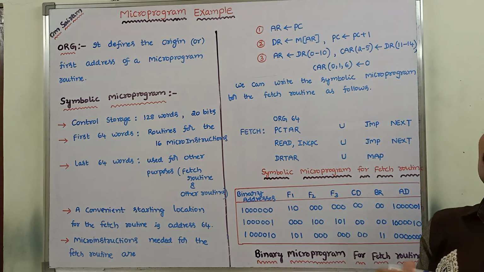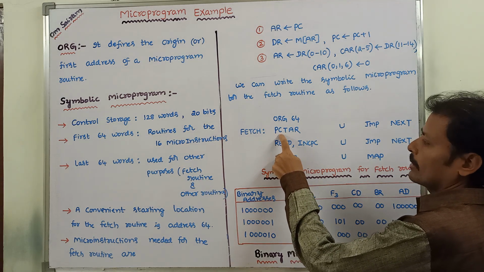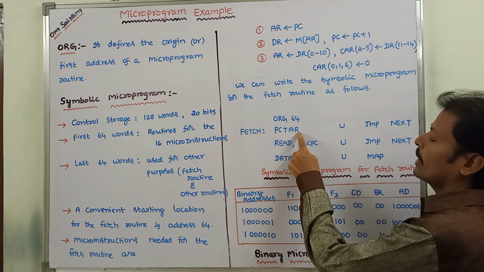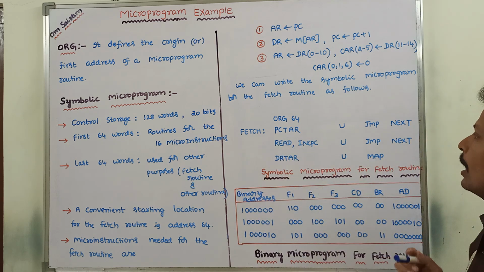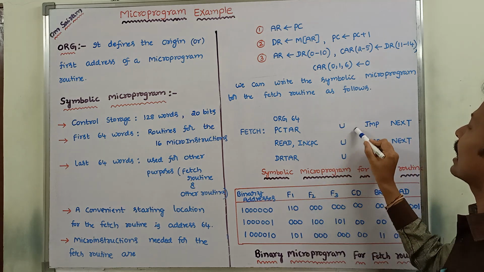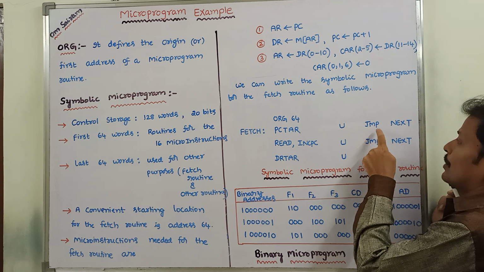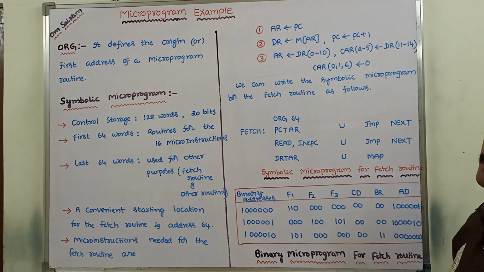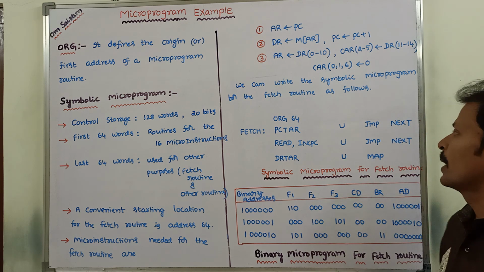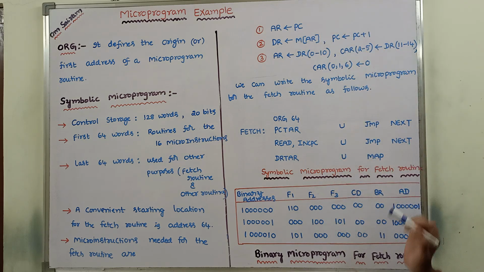So in between them we have to write T. First we have to write the source register, then we have to write the destination register, and in between them we have to write T. Here we do not check any condition, so the CD field contains U and the BR field contains JMP. Then what is the next instruction to be executed? The address field contains NEXT. This micro instruction can be converted into this symbolic microprogram.